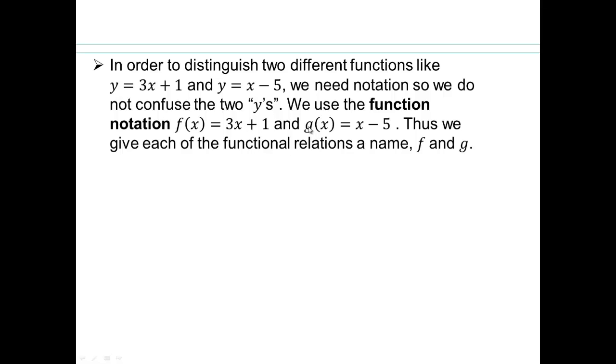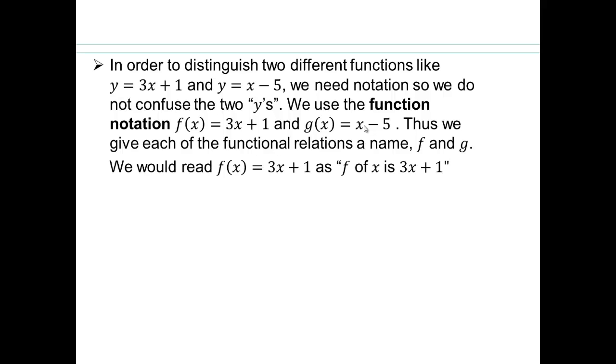Here g is the name of the function, x is the input, x minus 5 is the output. So this that goes in here is called input or argument, and this here is called the output. The function names do not have to be single letters. It could be words like temperature or height.